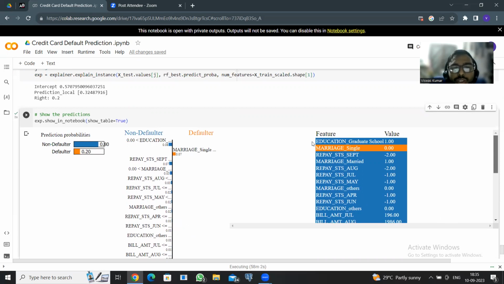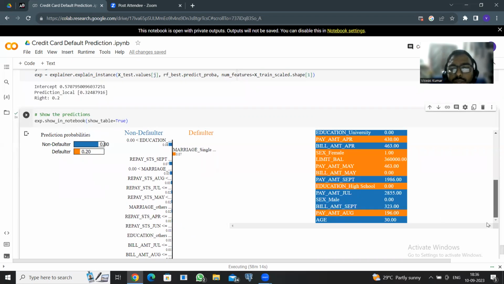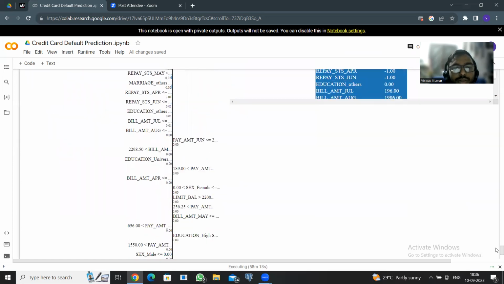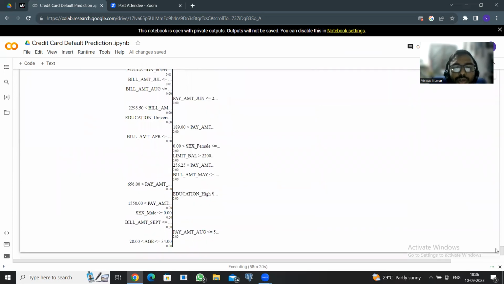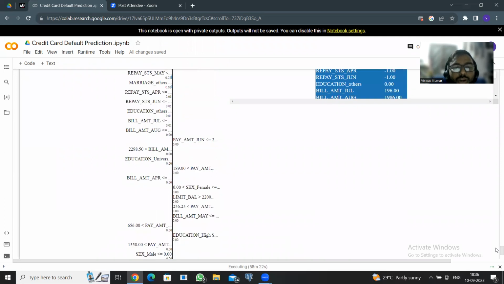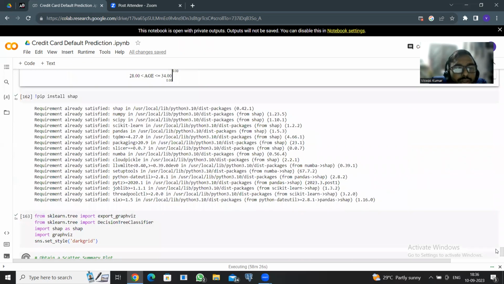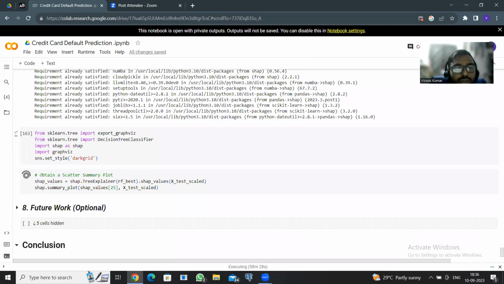The blue ones, which are more likely to be education, contribute more to the non-defaulters, and the orange ones contribute to the defaulters. So by visualizing this, we can see how each feature contributes to predicting defaulters or non-defaulters. I have also implemented the SHAP technique to showcase the best features.